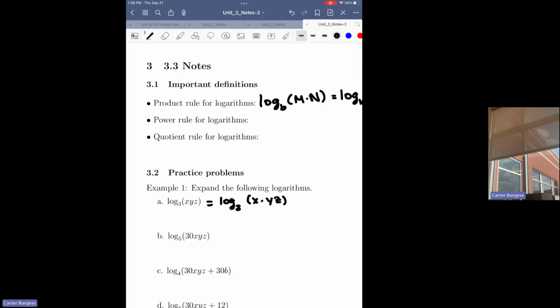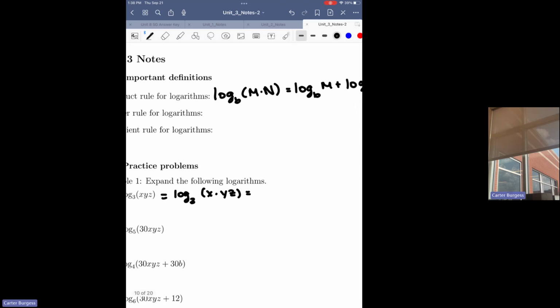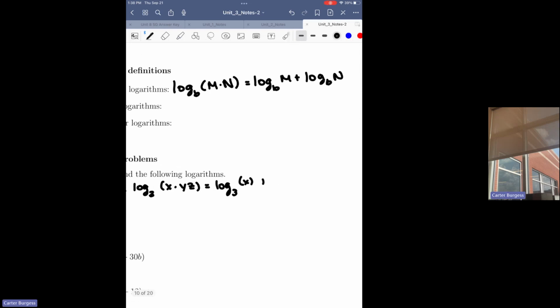What can we then do with our product rule? Split this up. This is going to be log base 3 of x plus log base 3 of yz. Okay, so now looking at this, is it as split up as it possibly could be?